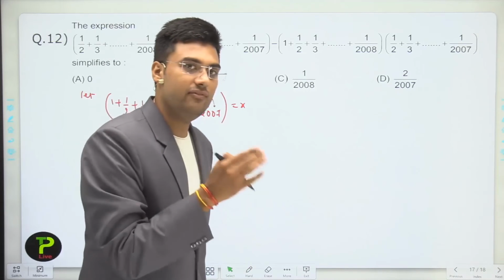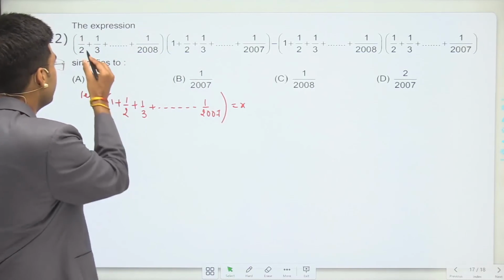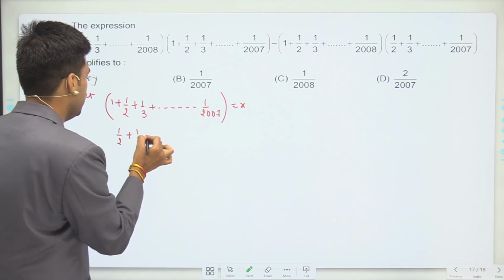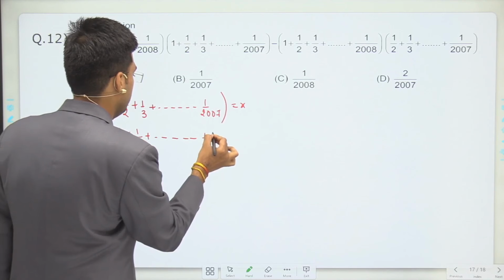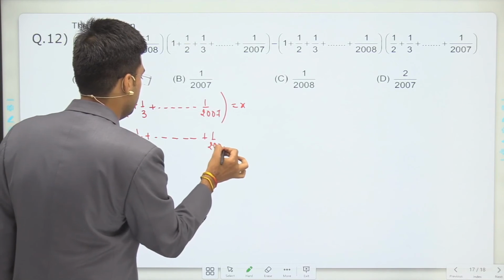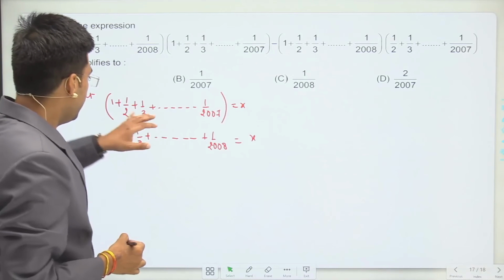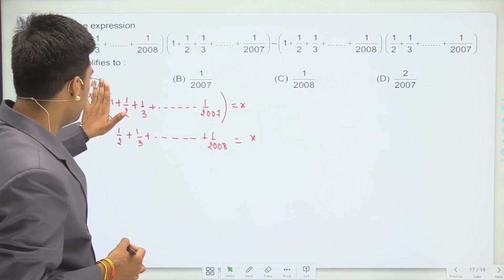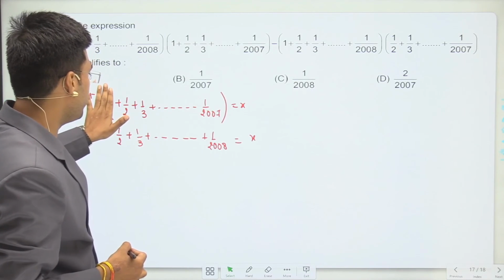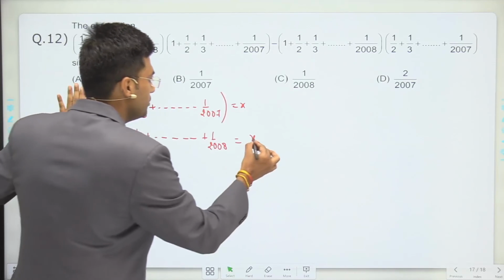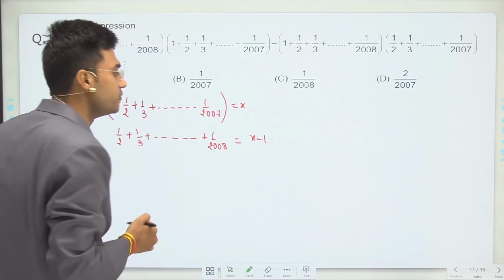Now, if this is equal to x, then what is the value of 1 upon 2 plus 1 upon 3 up to 1 upon 2007? So students, if we observe in this expression, if we remove 1, then we will get 1 by 2 plus 1 by 3 up to 1 upon 2007. So we can write it as x minus 1.